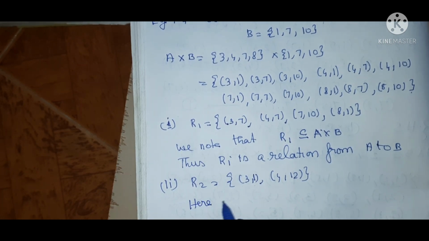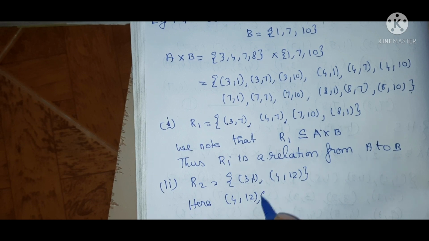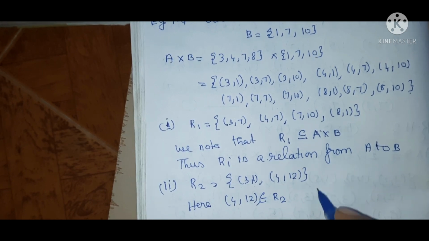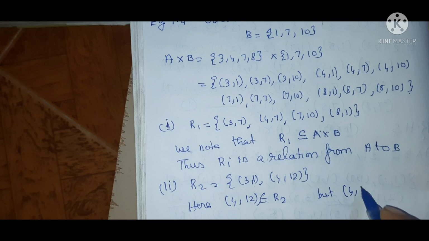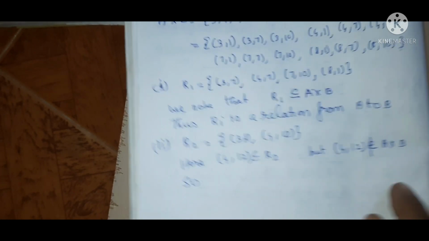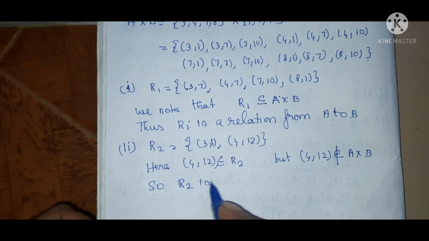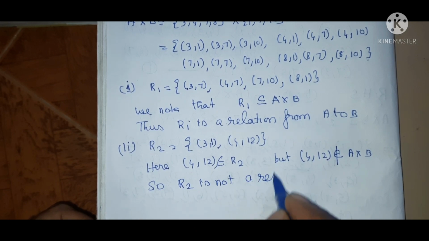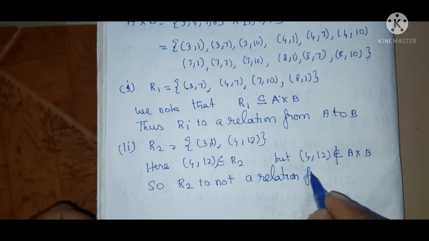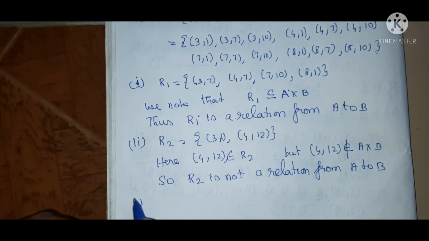Here (4, 12) is an ordered pair that belongs to R2, but (4, 12) is not an element in A cross B. So, R2 is not a relation from A to B.